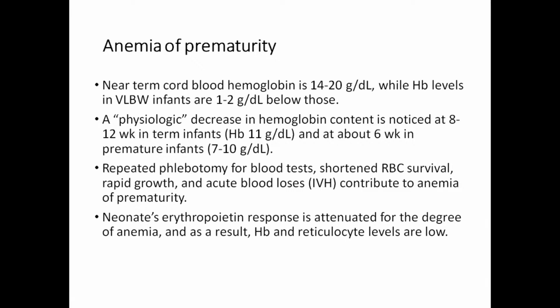A physiological decrease in hemoglobin is noticed at 8-12 weeks in term infants. The physiological decrease of hemoglobin for a full-term baby is normal at the age of 2-3 months of life, but for premature infants it occurs at about 6 weeks.